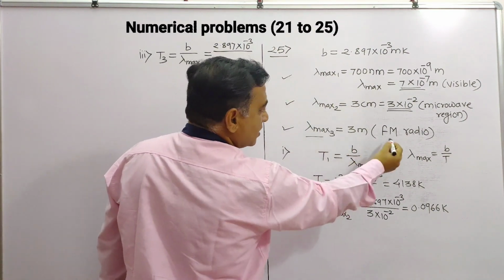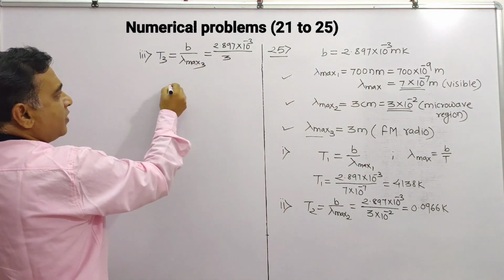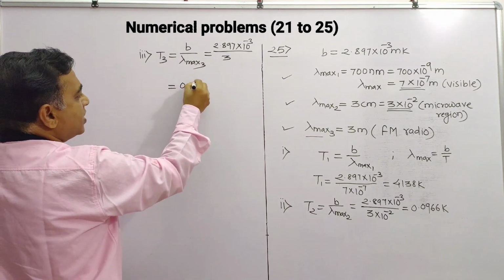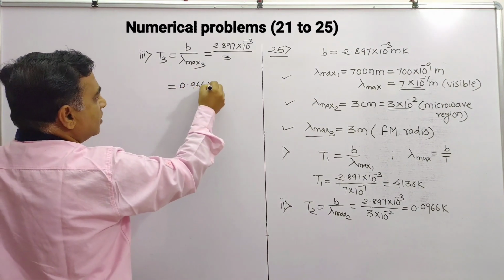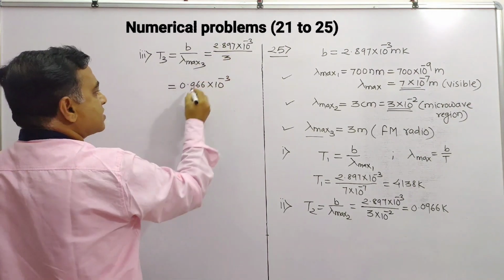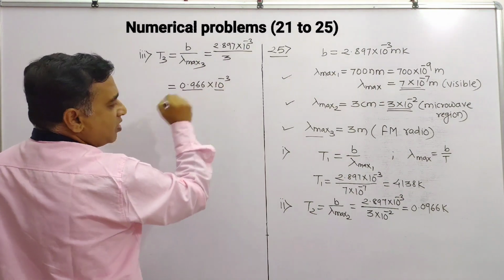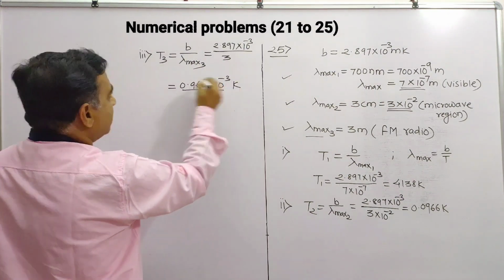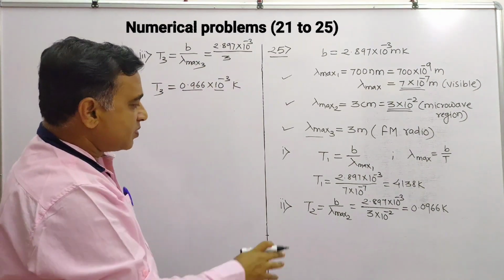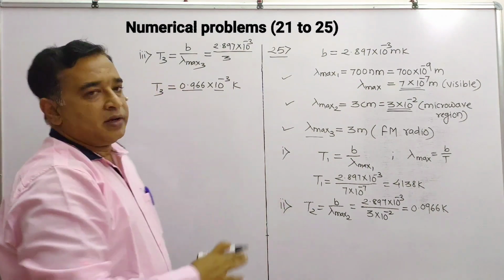Dividing by 3, the answer comes out to be 0.966 into 10 raised to power minus 3 Kelvin, because if we cancel this, we get this value. This is related to the temperature, and these are the answers for T1, T2 and T3. Thank you.